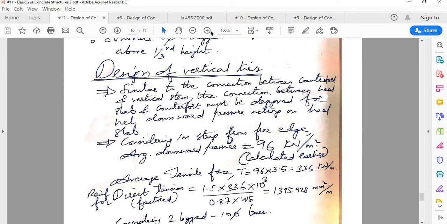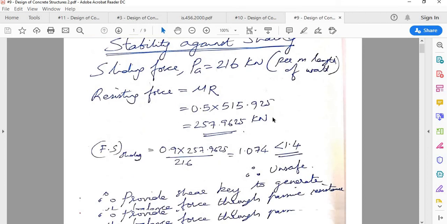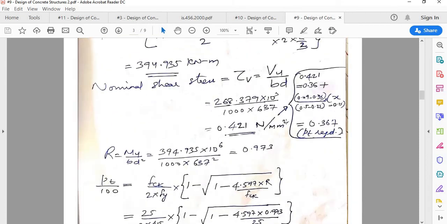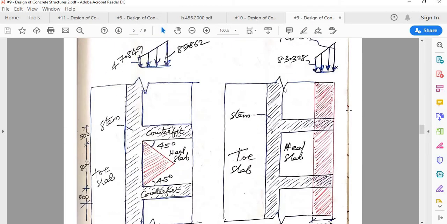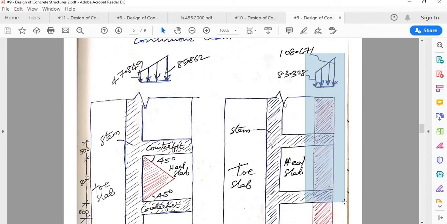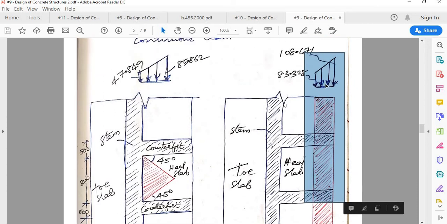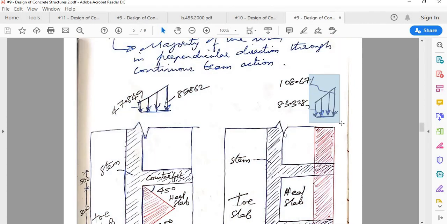Now for vertical ties, we'll go back and see. In the earlier lecture, we had seen this, right? In the design, we had designed for the heel slab end, the last 1 meter, when we designed for the heel slab. So here we have already calculated the soil pressure.